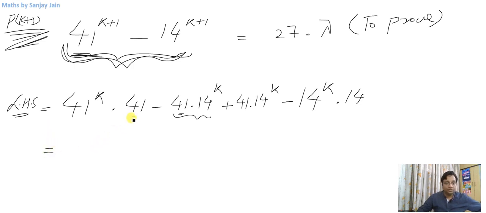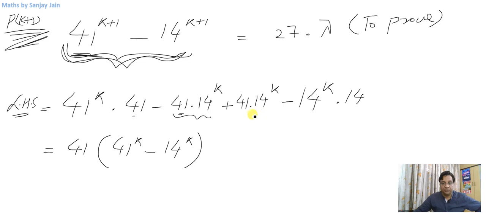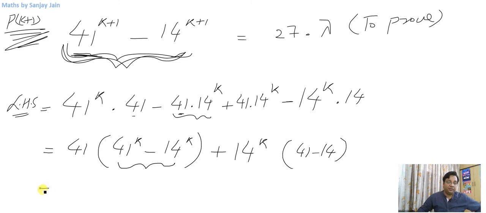So what I'll do here is I'll take 41 common and write 41 raised to power k minus 14 raised to power k here, and on this side I'll have 14 raised to power k as common and 41 minus 14 inside.